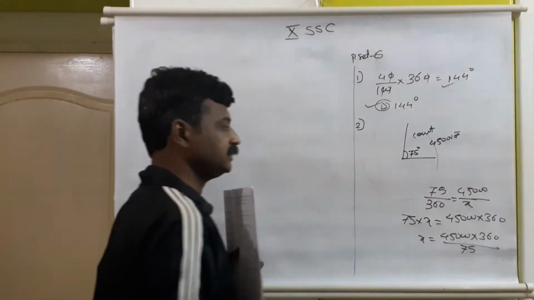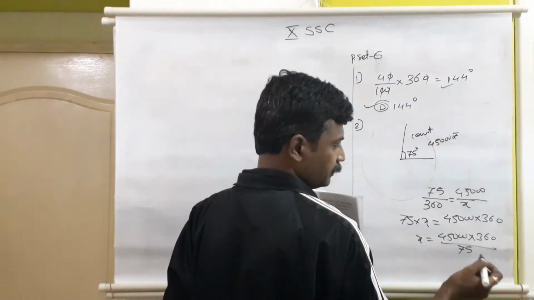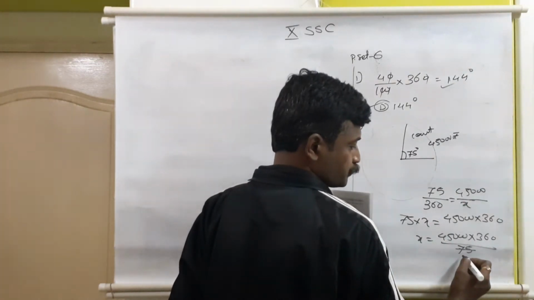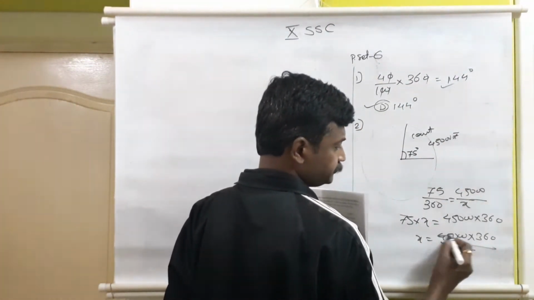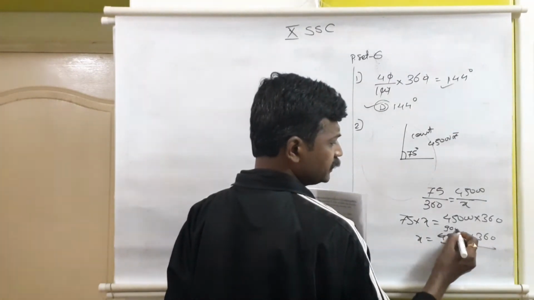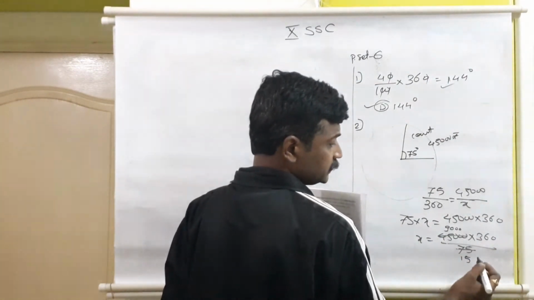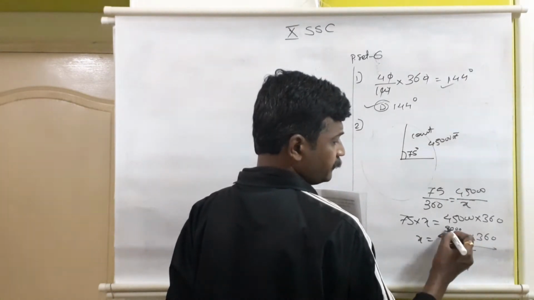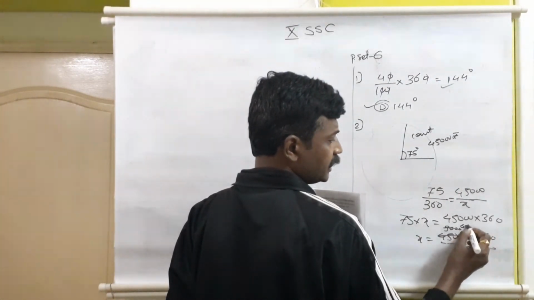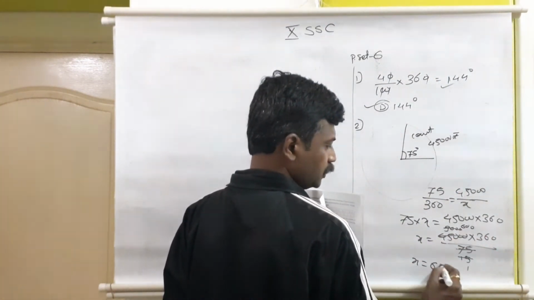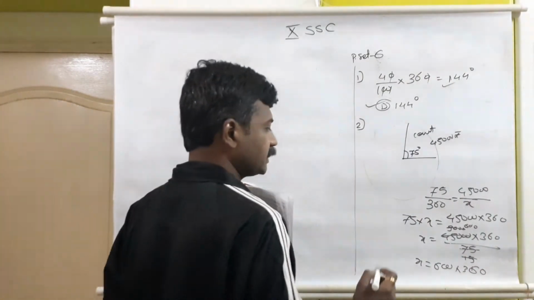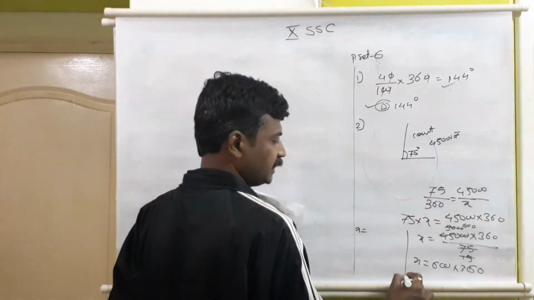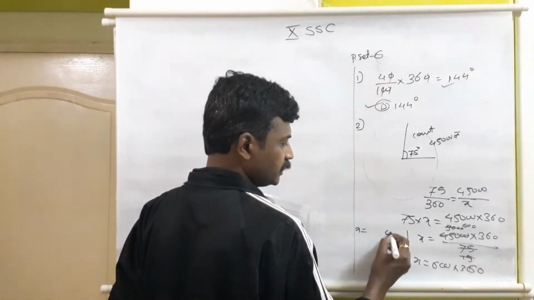You can simplify this. Suppose we try by 5 first. 5 1s are 5, 5 15s are 75. 5 9s are 45 and these 3 zeros. Then 15 1s are 15, 15 6s are 90, and these 2 zeros. So x will be equal to 600 into 360. The product of 600 and 360 will give the exact value. 3 zeros we write first.